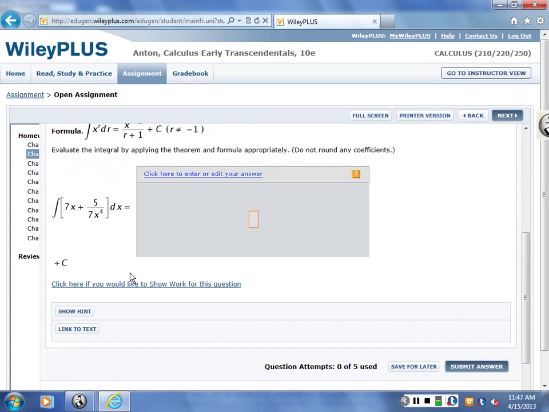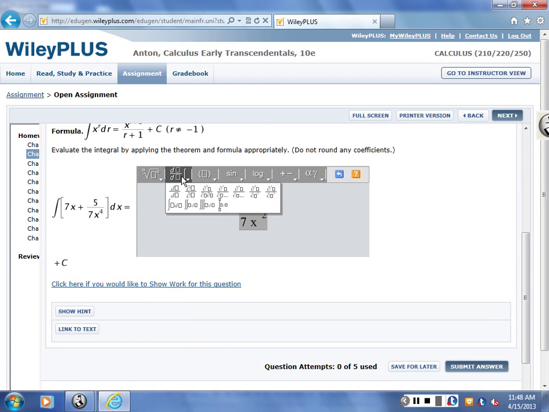So could you integrate 7x plus 5 over 7x to the fourth? What is the integral of 7x? Over 2, right? Over 2, I lost my 7, plus, so this is not too bad, plus I have a 5 over 7 to begin with.